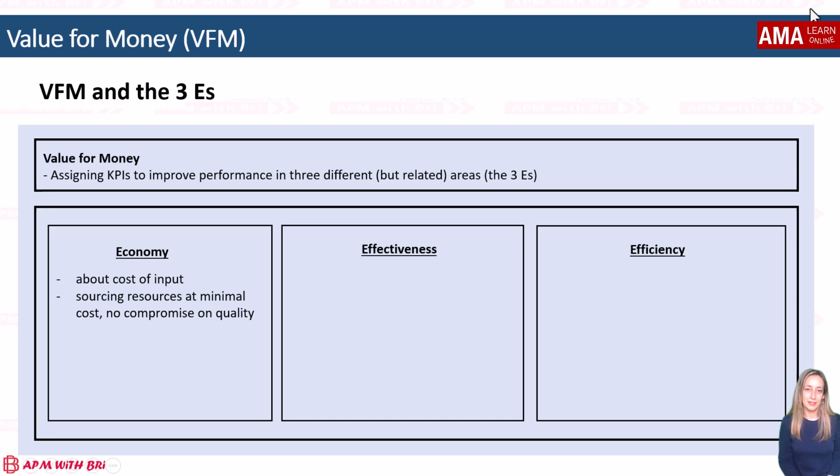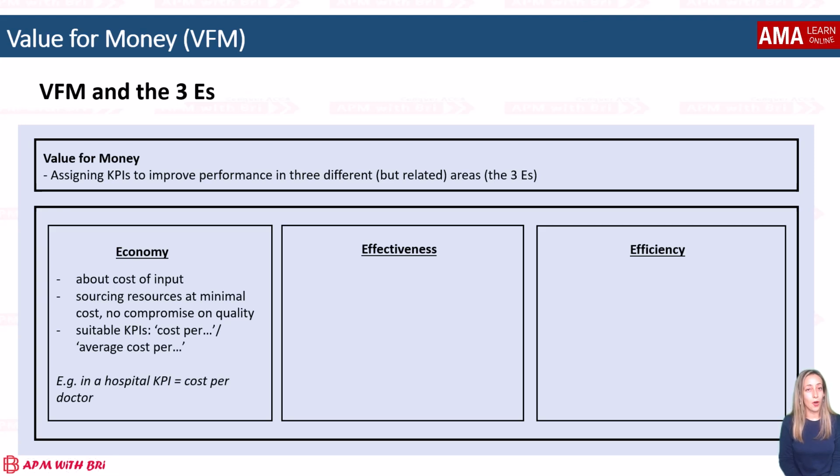Now let's think about it from business perspective, or more from APM perspective. For KPIs that we might be looking to use, since we are thinking about our inputs and their cost, maybe a good suitable KPI would be for you to suggest cost per something, whatever the input is.